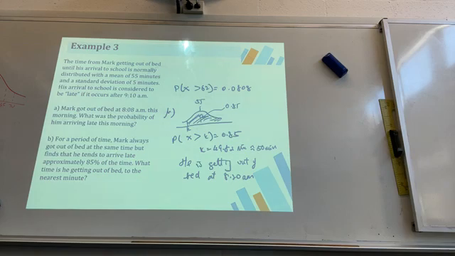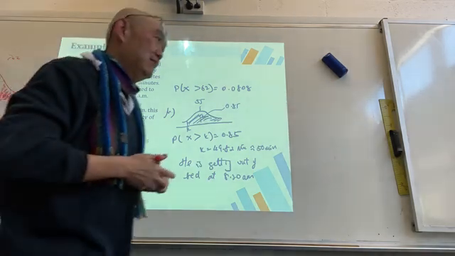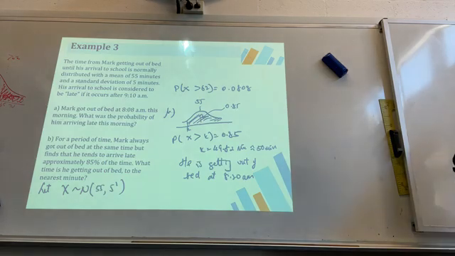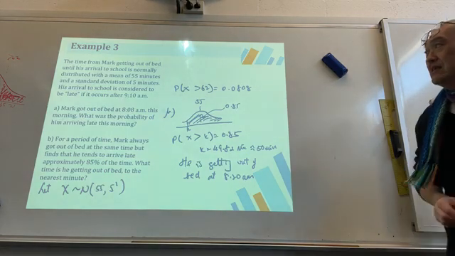So it would be the probability of greater than 62. It is somewhere here.